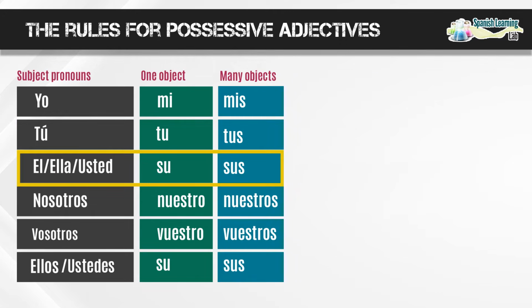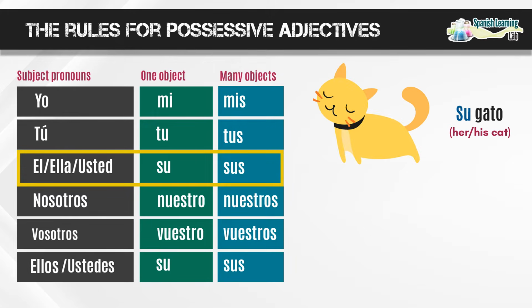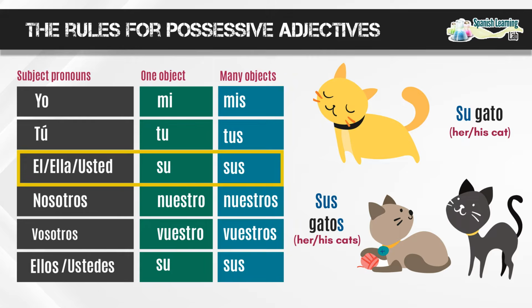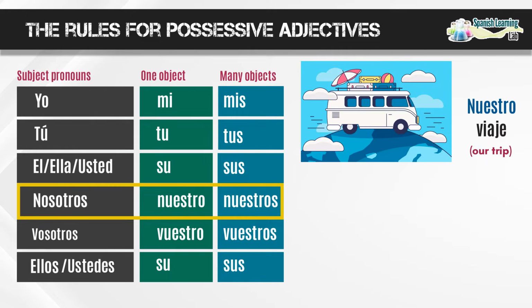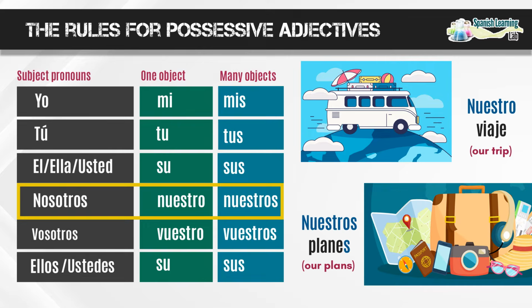For él, ella, or usted, we will use su for one object and sus for many, as in su gato and sus gatos. For nosotros, we will use nuestro for one object and nuestros for several, as in nuestro viaje or nuestros planes.